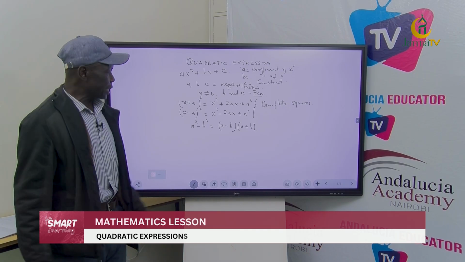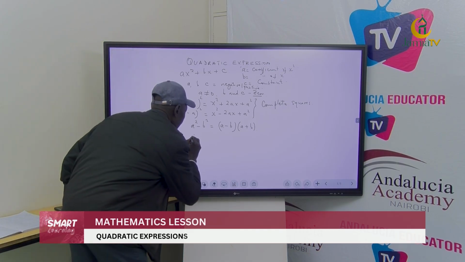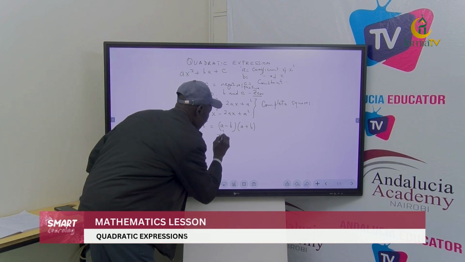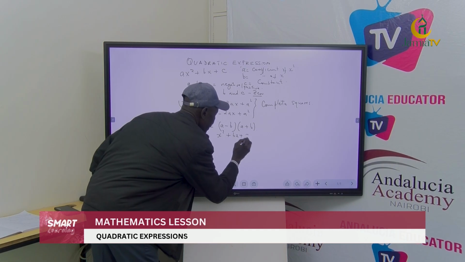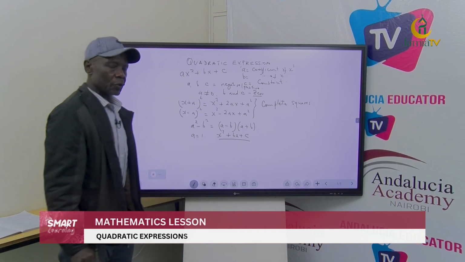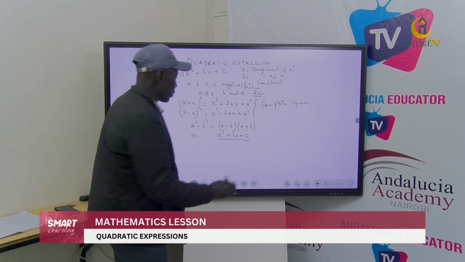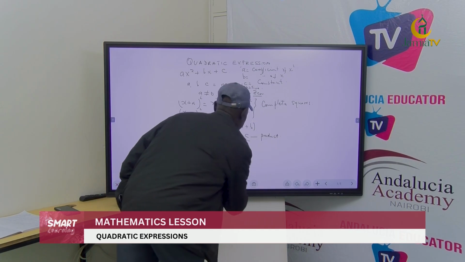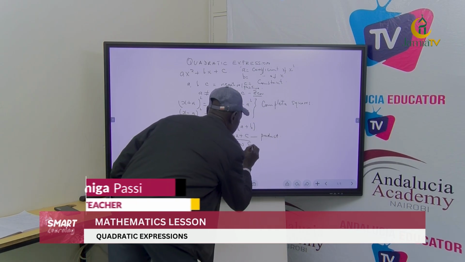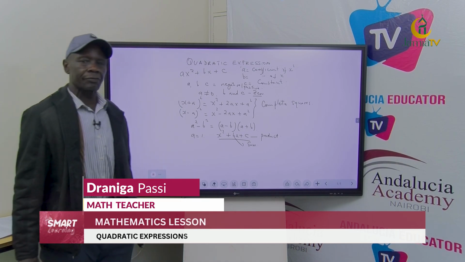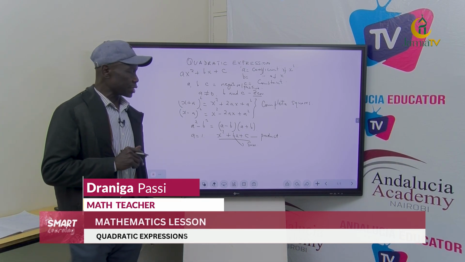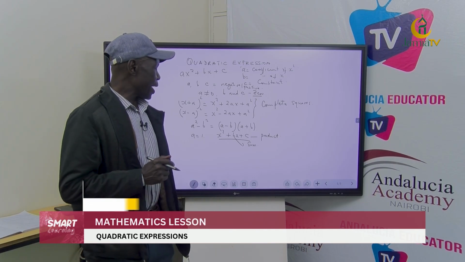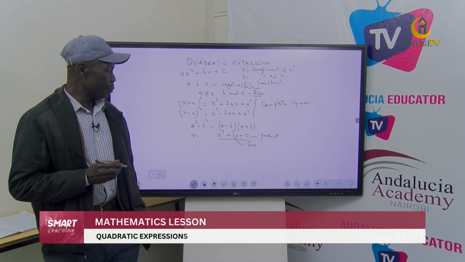Now, we also said that if our a is 1, we are going to get an expression like x squared plus bx plus c. Now, if we want to factorize, we said c will be our product and b will be our sum, which means that we are going to have two factors of this quadratic expression where their product will be equal to c and their sum will be b.